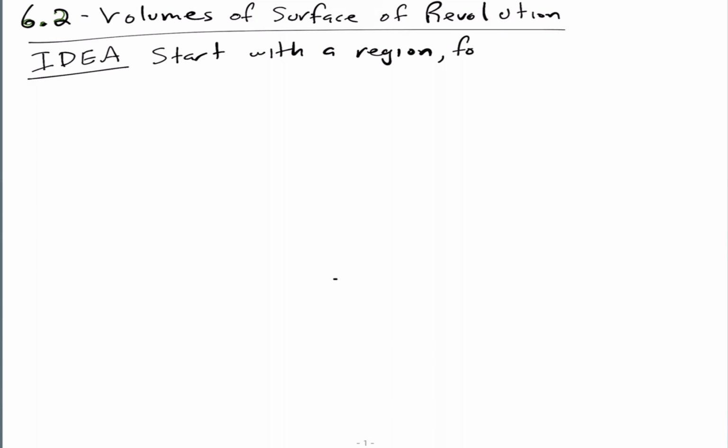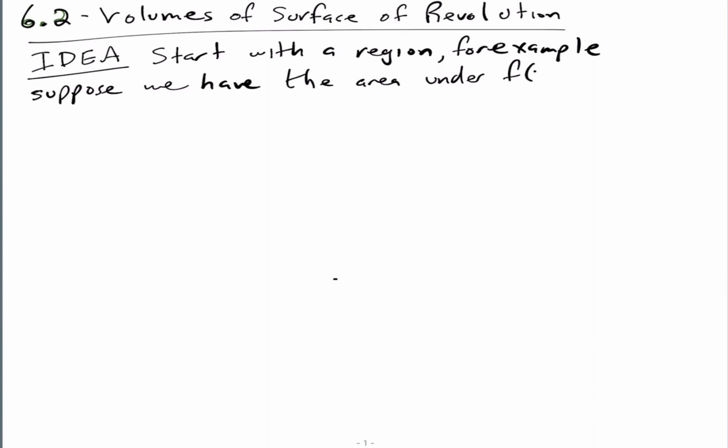For example, just to give you an example, suppose we have the area under the square root of x from 0 to 4, just to pick something simple to illustrate the idea.